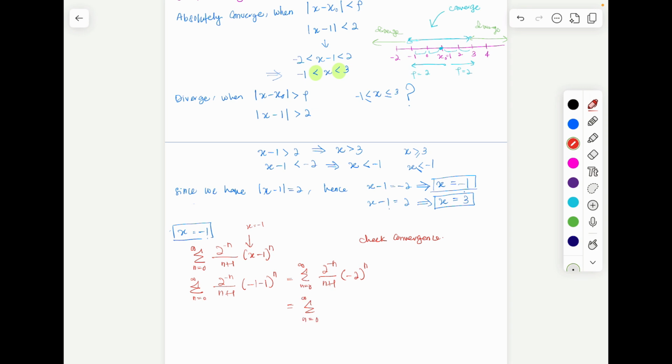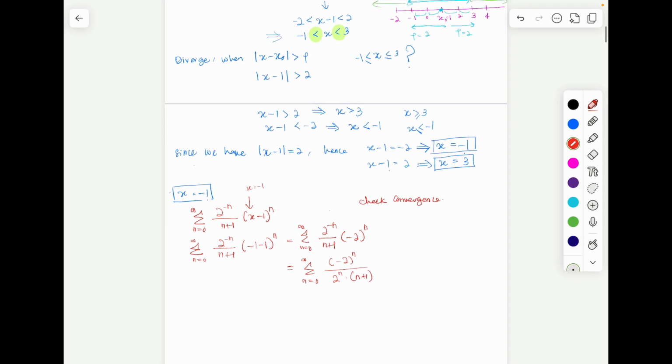Okay, so to make it simpler, 2 to the power of negative n, I want to put it at the denominator. So the power of n would become just n, not negative n. So negative 2 to the power of n divided by 2 to the power of n and then n plus 1. Okay, so now you can simplify again.